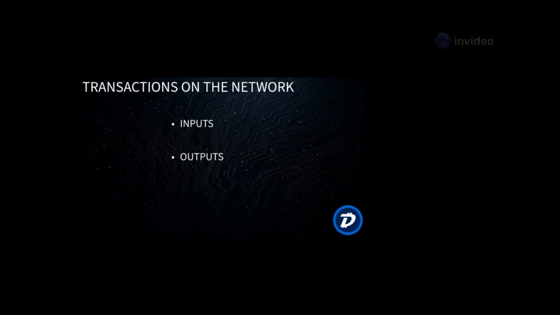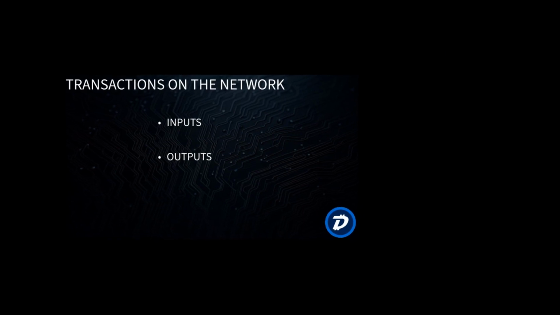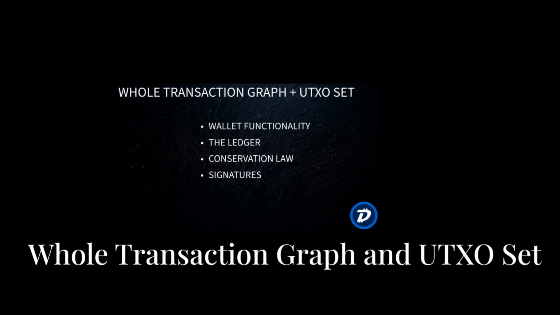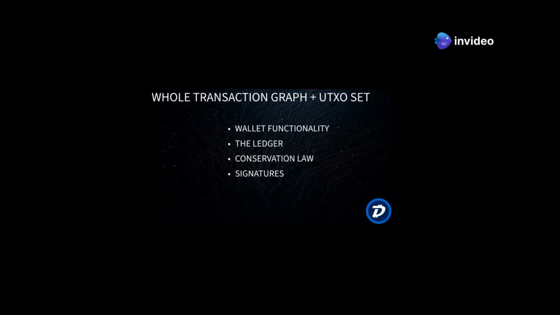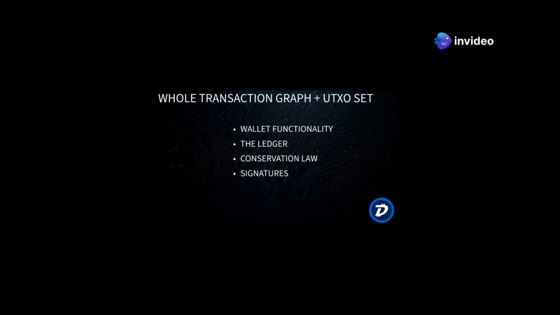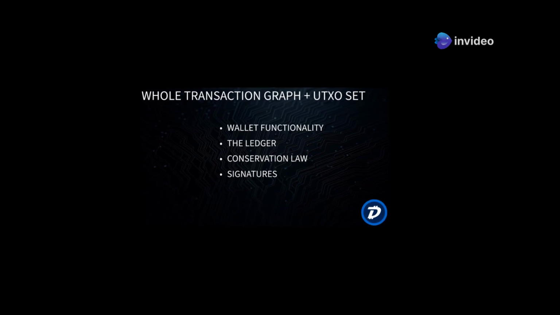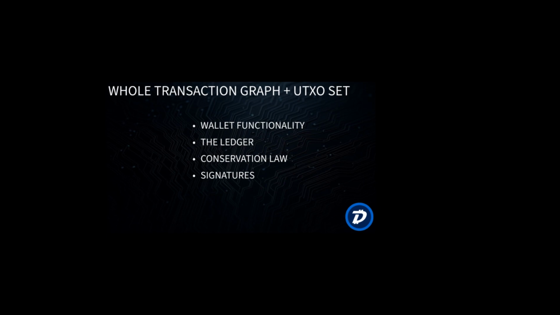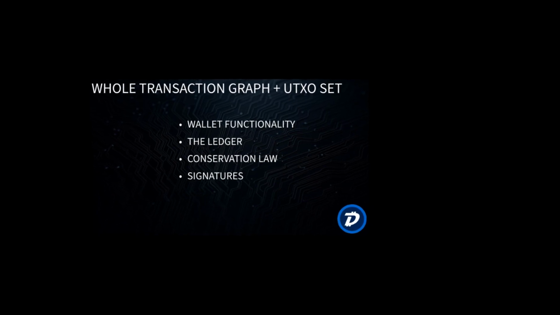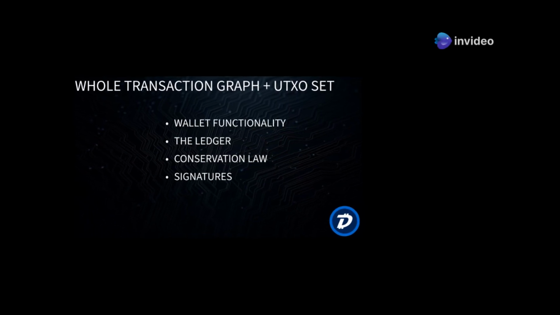Next, let's explore the whole transaction graph and the UTXO set. The whole transaction graph outlines how transactions are linked together in a chain. Each transaction references previous transactions' outputs as inputs, creating a graph of transactions. This graph ensures that all transactions are traceable and verifiable, preventing double spending.